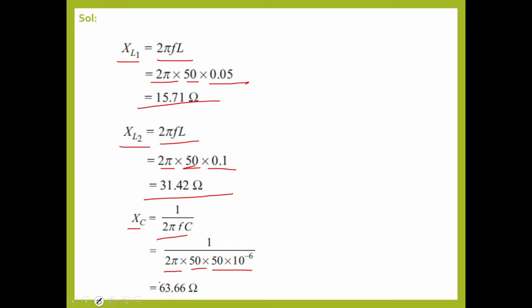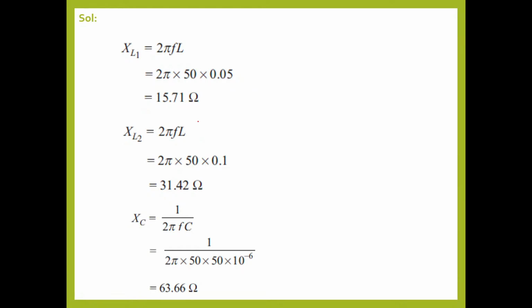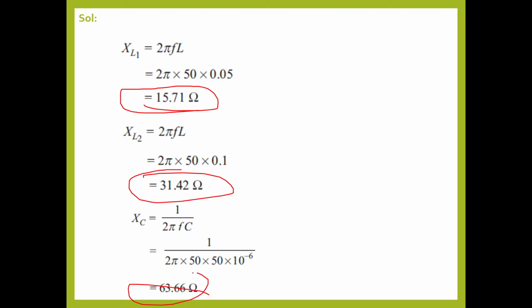Now you can see all the values are in ohms. Since all the values are in ohms, you can easily simplify the given circuit. So first of all, I am going to determine the impedance for the given circuit.